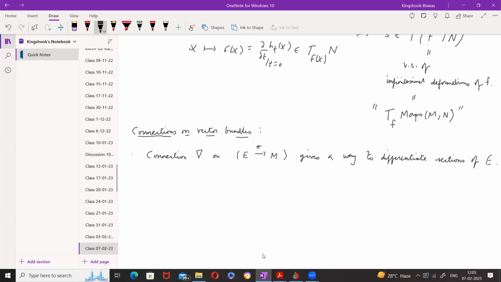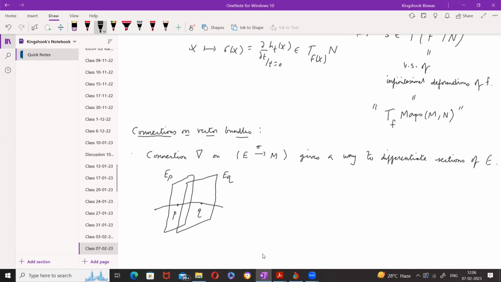What is the point? Suppose I take a curve in M and look at fibers along that curve, and I take two nearby fibers, P and Q, with the fibers EP and EQ.